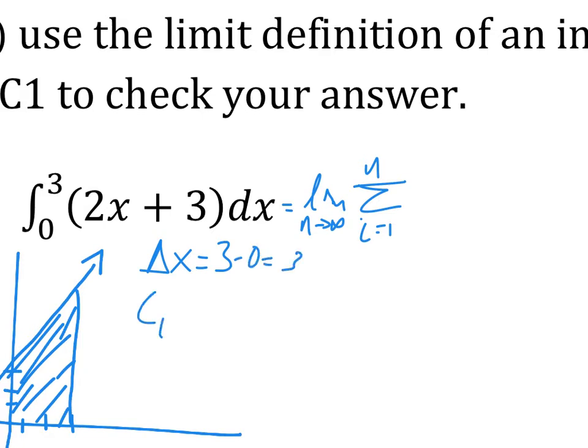And our c_i value is going to be 0 plus 3i over n. All right, okay. So we have the width, which is 3 over n, because the whole width is 3, times the function at our c value, so that's 2 times 3i over n, plus 3.